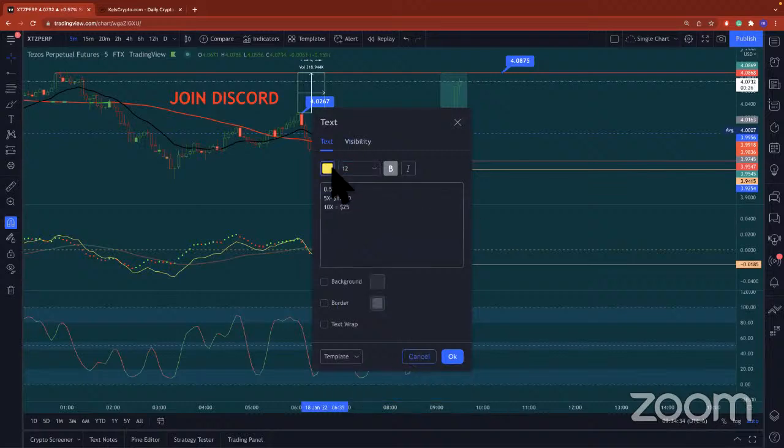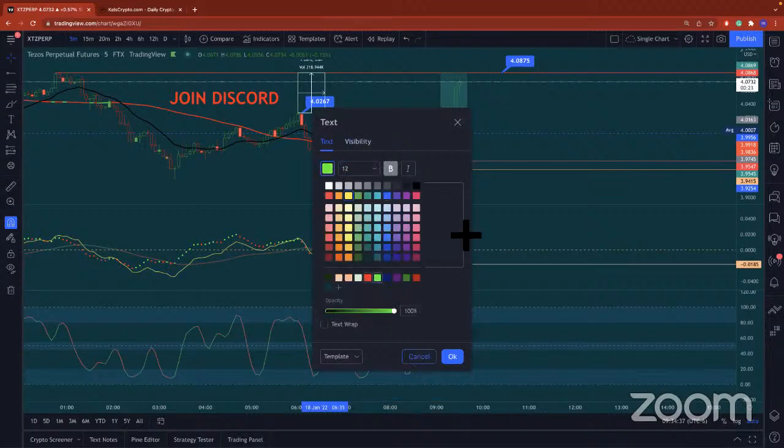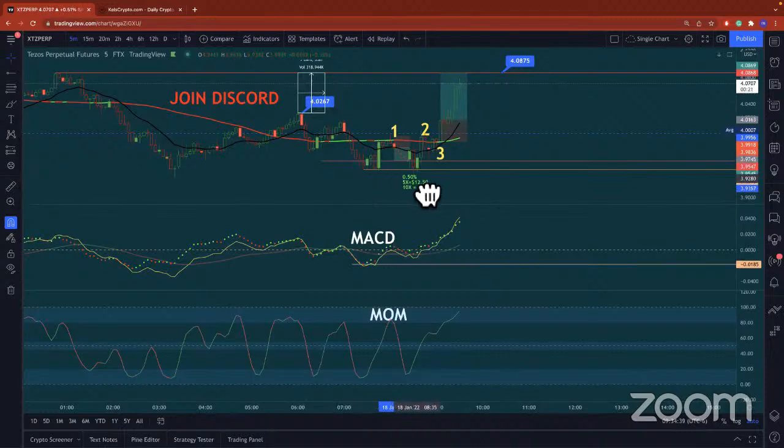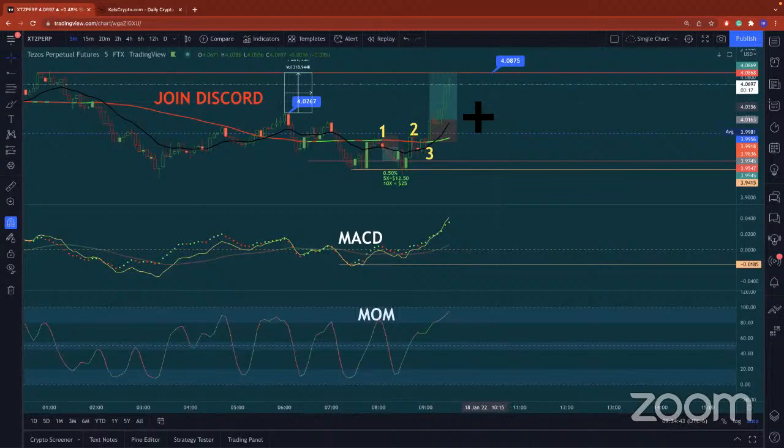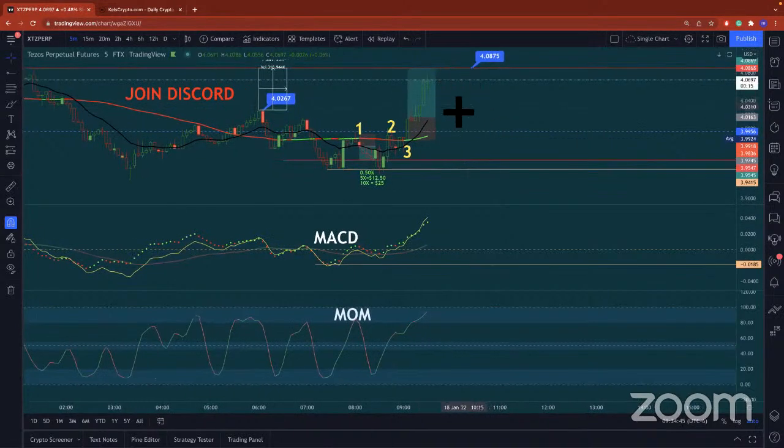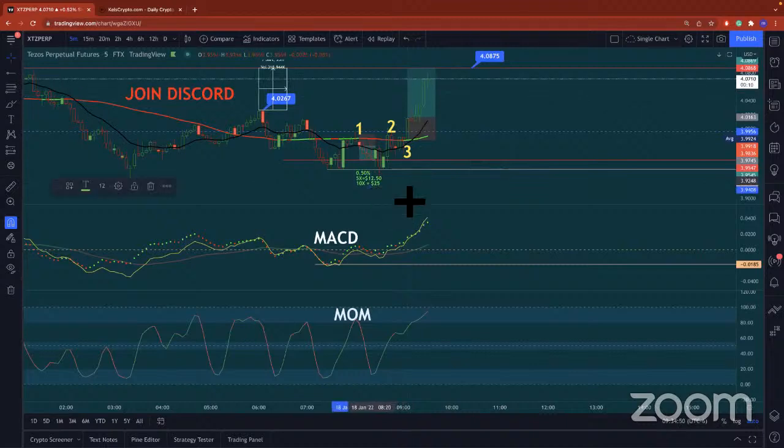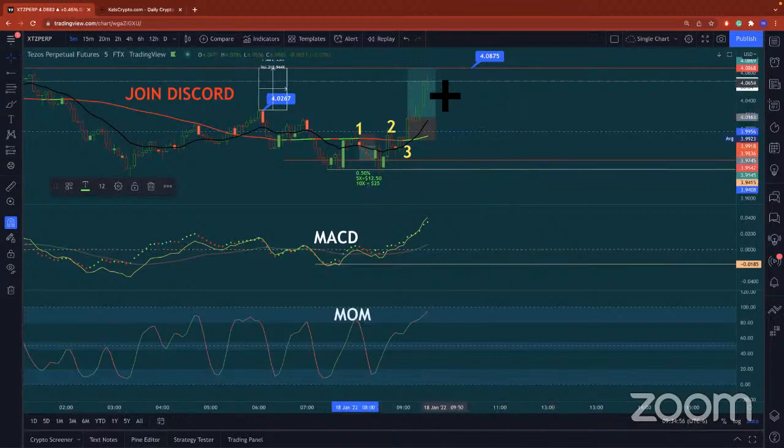Let's change the color to green. All right, here's the first one. Second one, we only wanted to go 1-to-1. This one is if you leverage trade 5 to 10%. If you do more, then you can do the math on it.